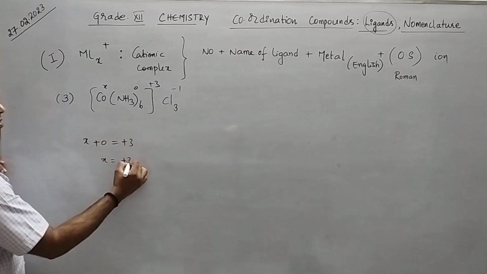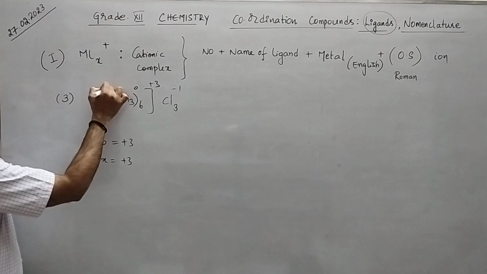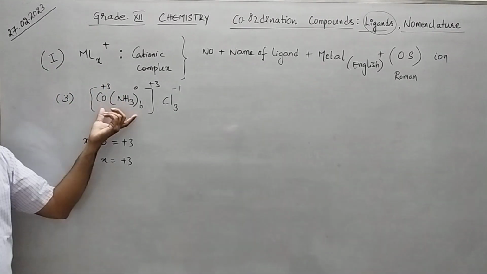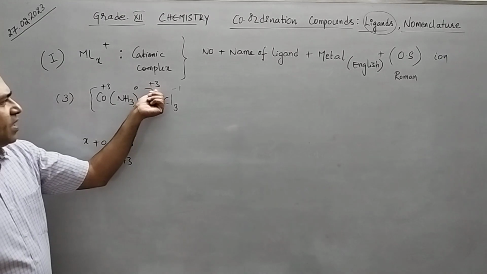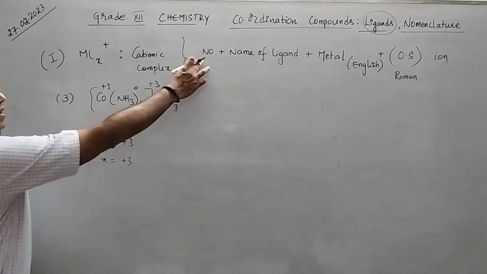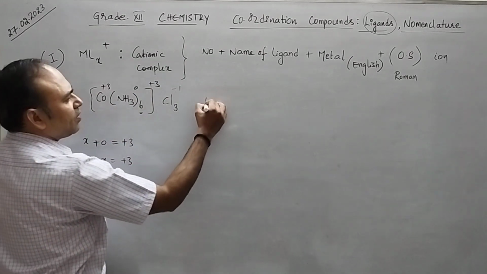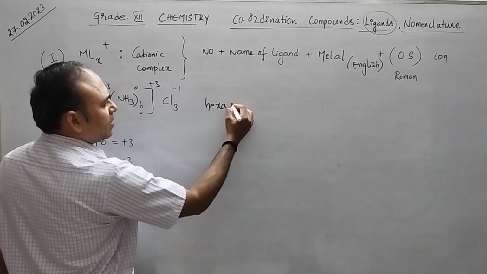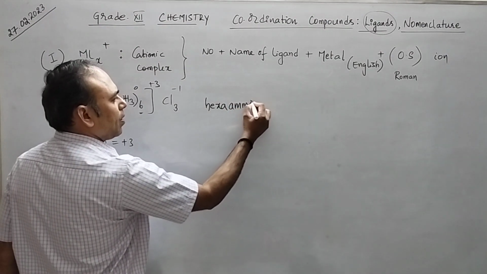Therefore, X is equal to plus 3. So Co will have an oxidation state of plus 3. Now we have both positive as well as negative charge, hence we don't write ion. Now the number, how many do we have? 6. Therefore, hexa.